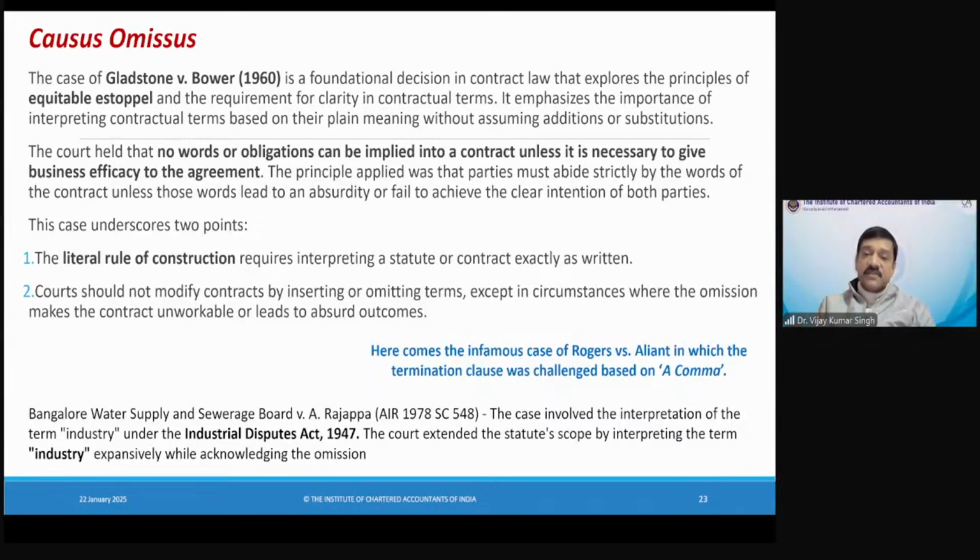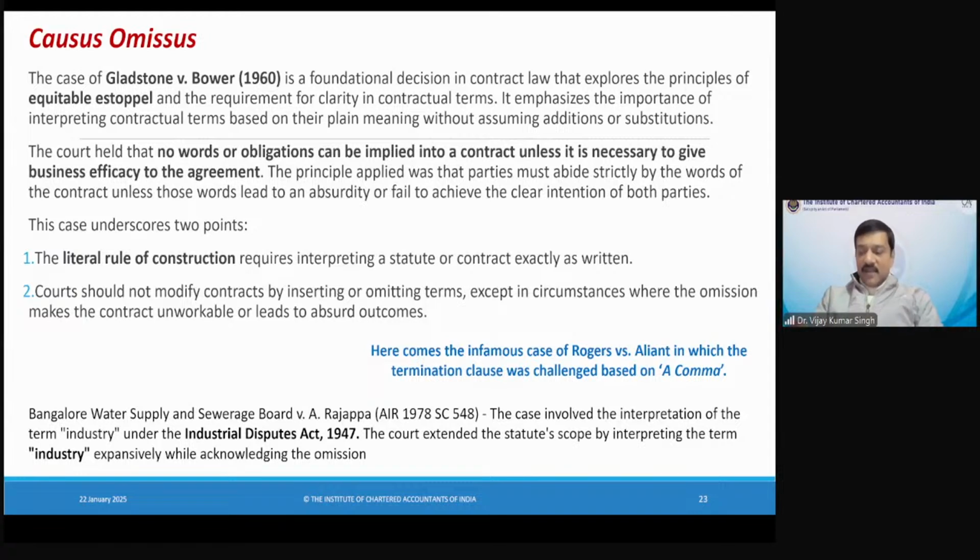After this decision, in Bangalore Water Supply, they expanded the definition of industry so much that a lot of things got included in it. And this was basically beneficial legislation. So we'll talk about beneficial interpretation. Since this dealt with labor and labor class welfare legislation, they wanted to include more and more people into the expanse of the definition of industry, so that the benefit of the labor laws can be provided to them.